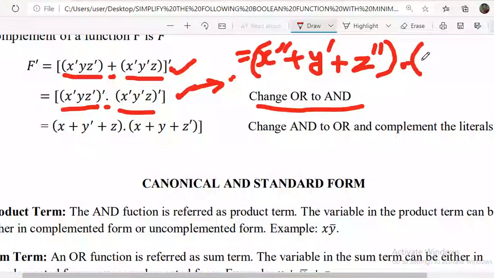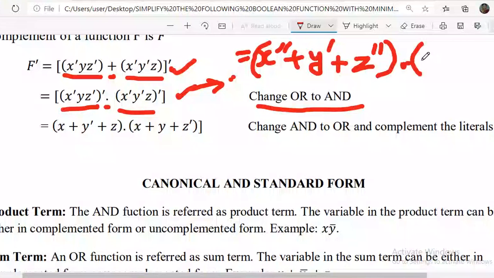This dash represents inversion, so two dashes mean double inversion, and double inversion will always cancel. So you will get the alphabet as just a.